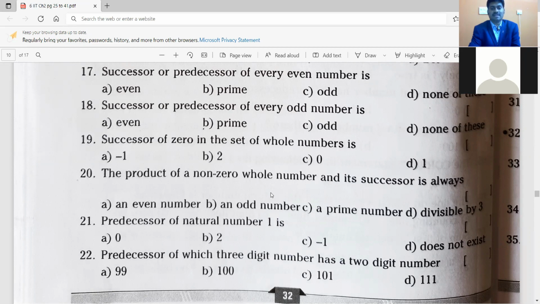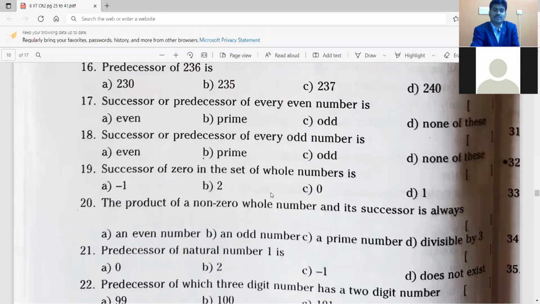Predecessor means the number before. The 3-digit numbers start with 100, and 100 minus 1 is 99. So the predecessor of the 3-digit number 100 is 99.